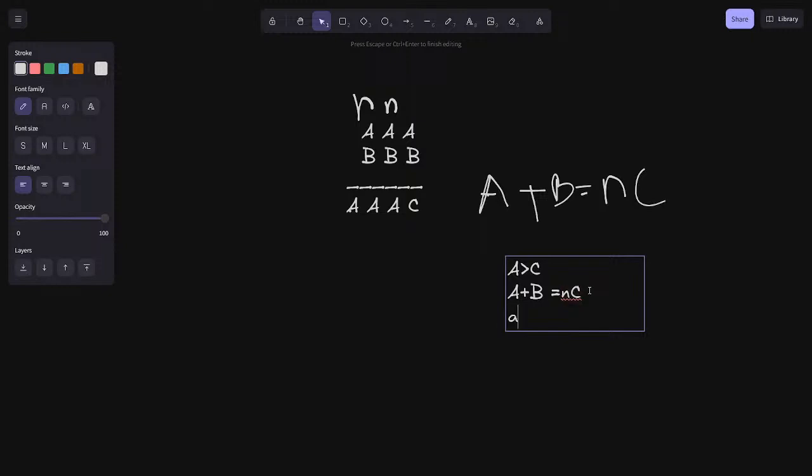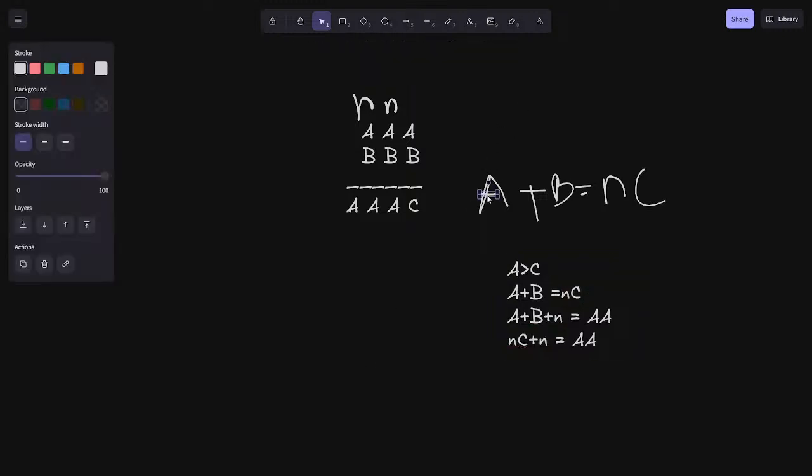And also A plus B plus B plus N is equal to AA. So basically, from the second and third, NC plus N is equal to AA. Right? These are all of the equations that can be pulled out from there.